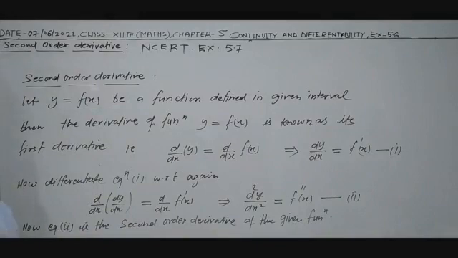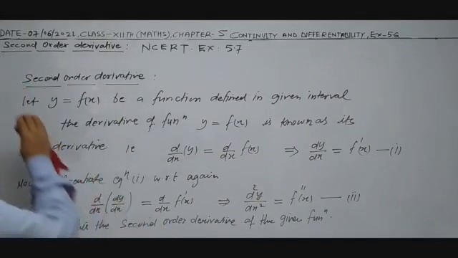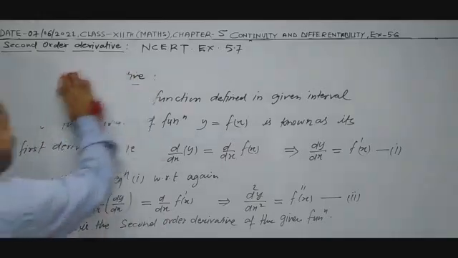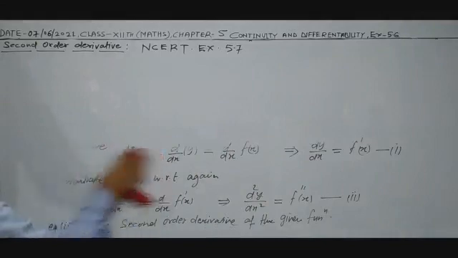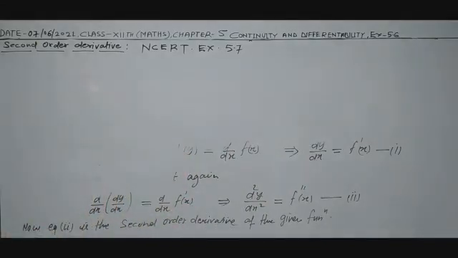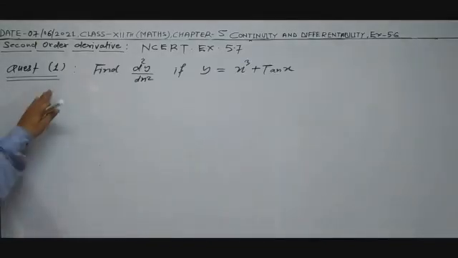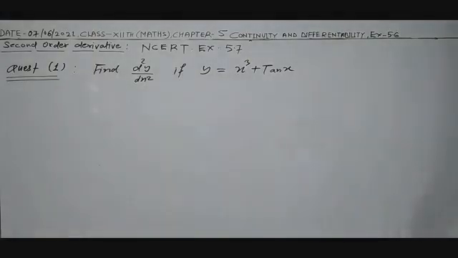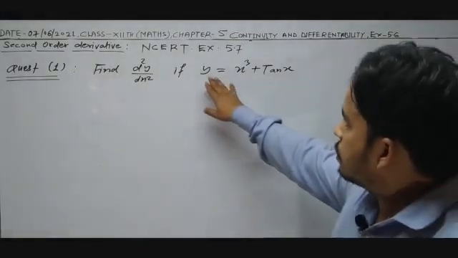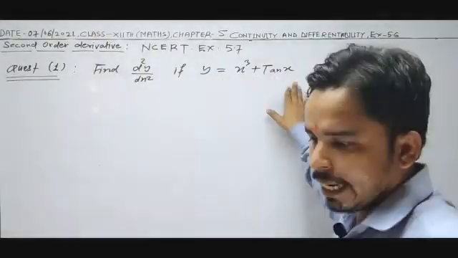Now class, come to the question of NCERT 5.7. Question number 1: find d2y by dx2 if the given function y is equal to x cube plus 10x.